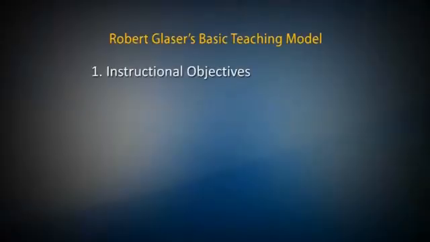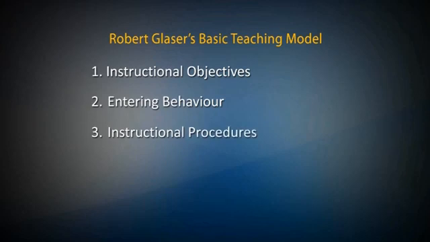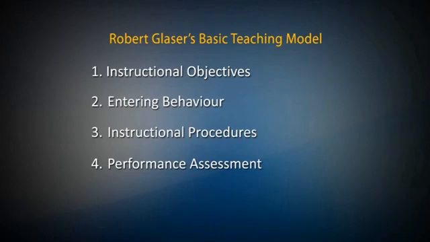Robert Glaser in 1962 developed the basic teaching model on the basis of psychological principles. He tried to explain the whole teaching process in an appropriate way by dividing it into 4 basic components, namely, number 1, instructional objectives, number 2, entering behavior, number 3, instructional procedures, number 4, performance assessment.